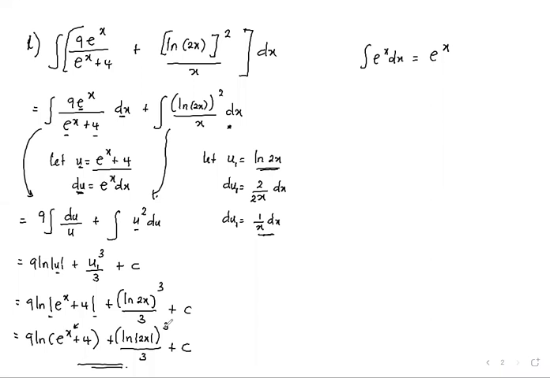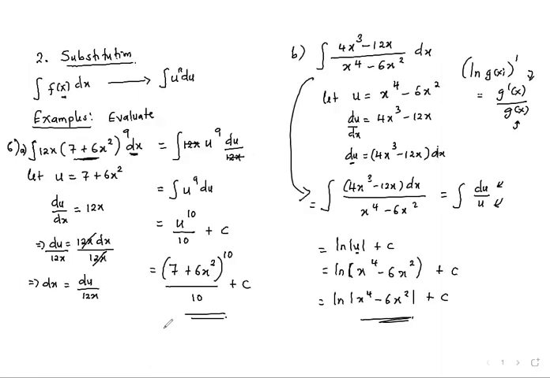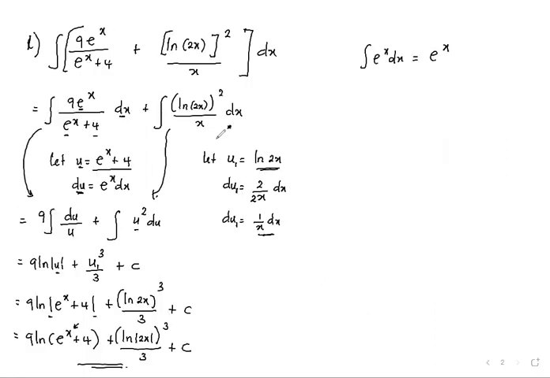When using substitution, you may wish to carry just the inside. Have you seen what happened on A? We did not say let u be 7 plus 6x squared to the power 9. We left the 9. We just picked the inside of that to call it u, and after we called it u, when we took it back as u, we put back the 9. So it doesn't mean that when we say let u be equal to ln 2x, we must carry the power 2. No. We can leave the power 2 there so that we can achieve what we want to achieve.